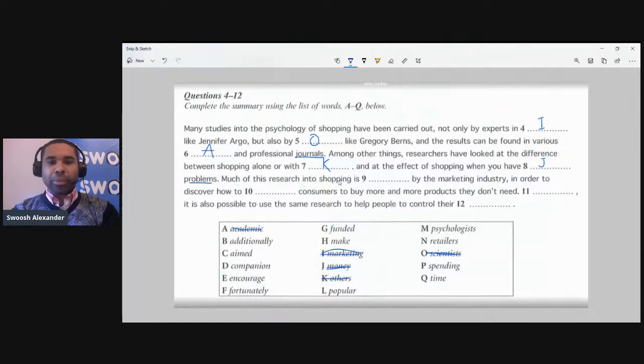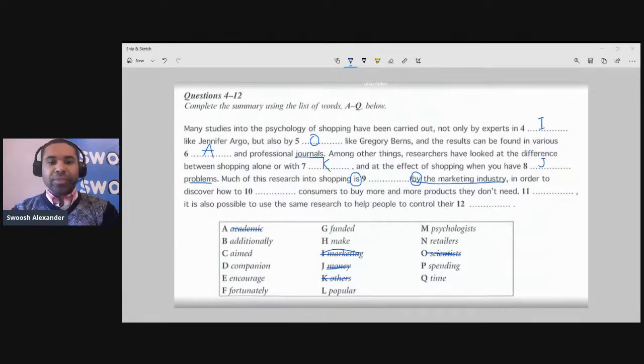Much of this research into shopping is something by the marketing industry. Okay, so it is "by". Using this structure, it seems like we're looking for a passive structure: verb to be plus past participle and then by. Which word can we see here using a passive structure? Well, we've got funded, haven't we? Funded uses a passive structure.